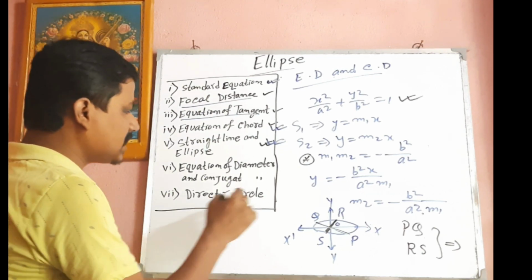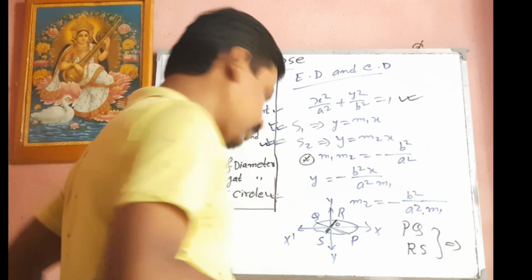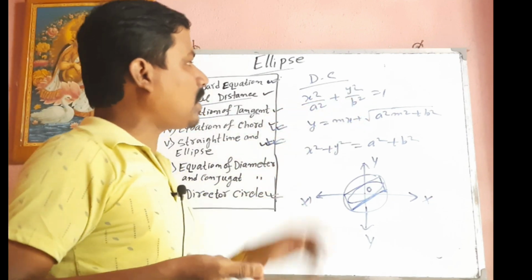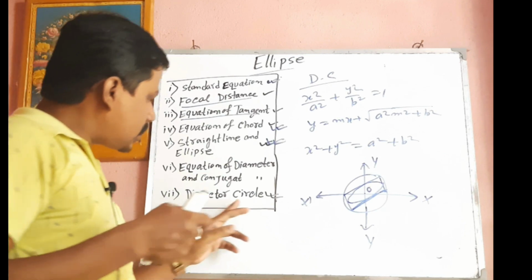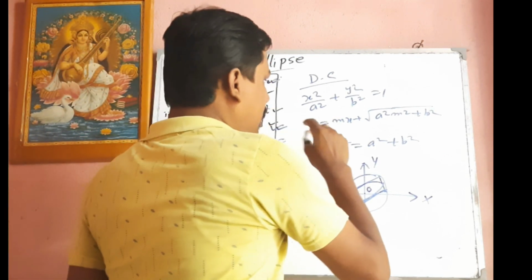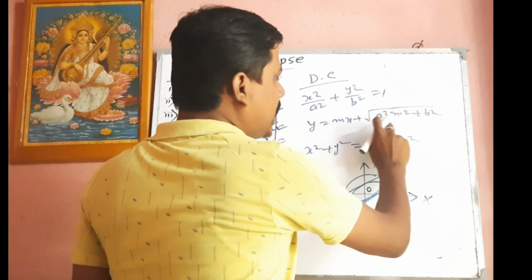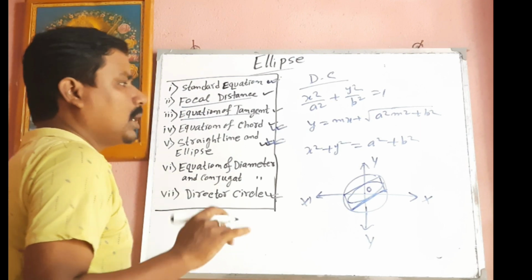Now we are discussing the last part of the day. For the standard equation x square by a square plus y square by b square is equal to 1, we are finding the director circle. The equation of the straight line is y is equal to mx plus root under a square m square plus b square.